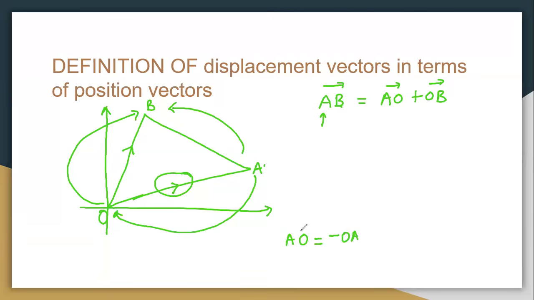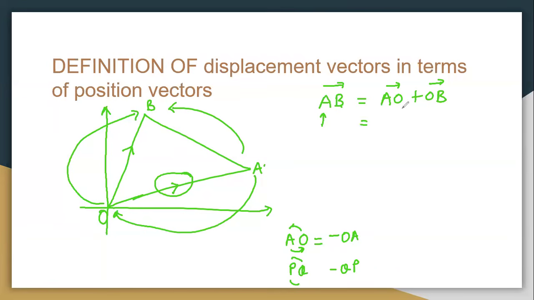In vectors, the moment you interchange the letters like this, then you must put a negative. In case it was, let me say PQ, and you interchange to Q to P, then you put a negative. The negative is the one that shows you that now you have changed the direction.